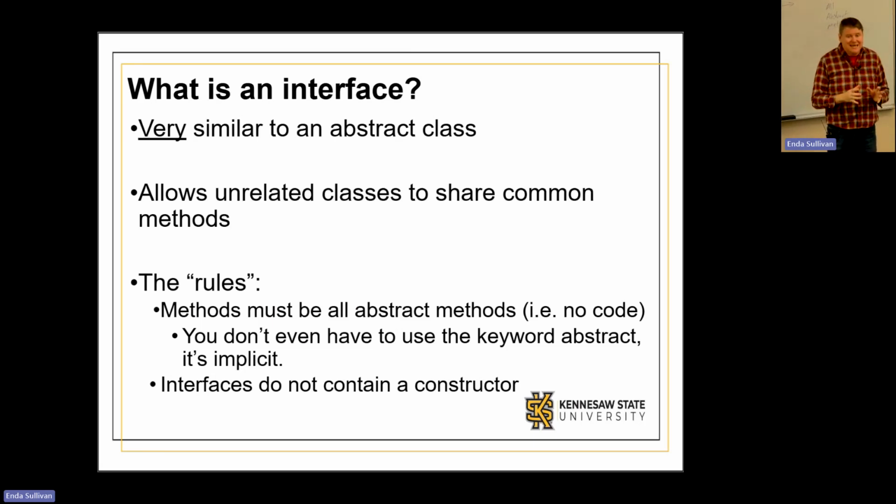You can only extend one parent. However, the other keyword that Java has is implements, and you can implement as many interfaces as you want. So you can actually do both. You can extend mammal and implement talkable, or implement walkable, or implement gatherable, or whatever other interfaces you may have. You can have as many of them as you want.